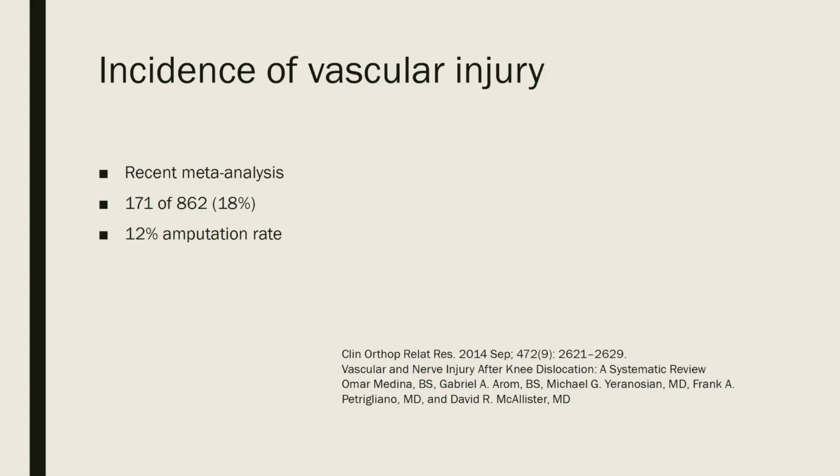A recent meta-analysis published in 2014 showed an 18% vascular injury rate, 171 out of 862 cases in total in a number of studies that were combined, and an amputation rate of 12%. So it's still a high amputation rate, even in today's advanced management.